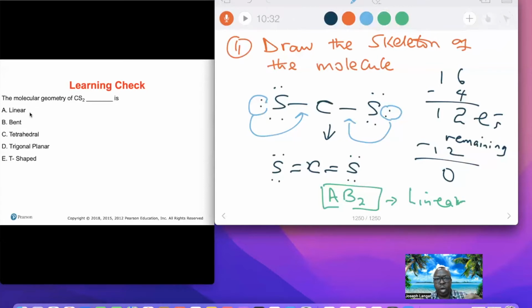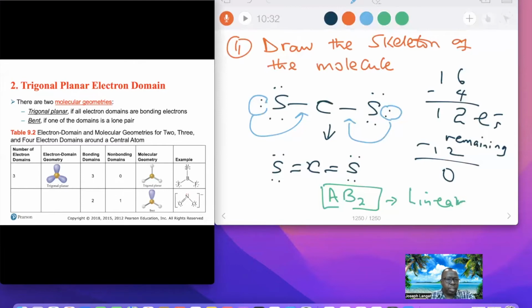You should be able to identify the central atom. In this case, the least electronegative, the one on the first column, or the one with the most bonding sites. That means they have a single electron to share. So nevertheless, the correct answer is A, linear for carbon disulfide.